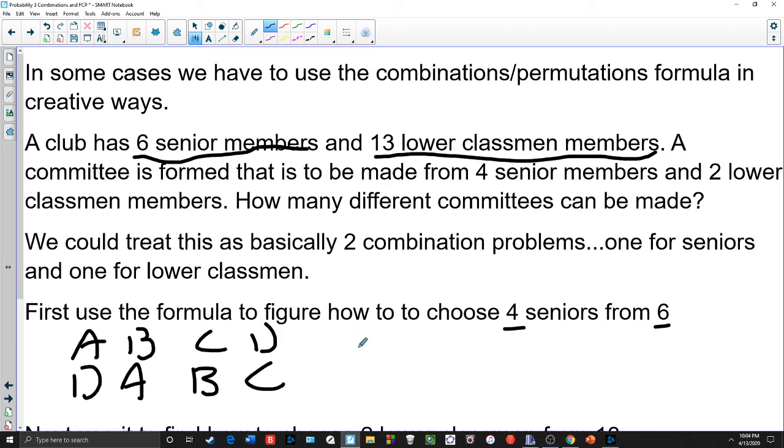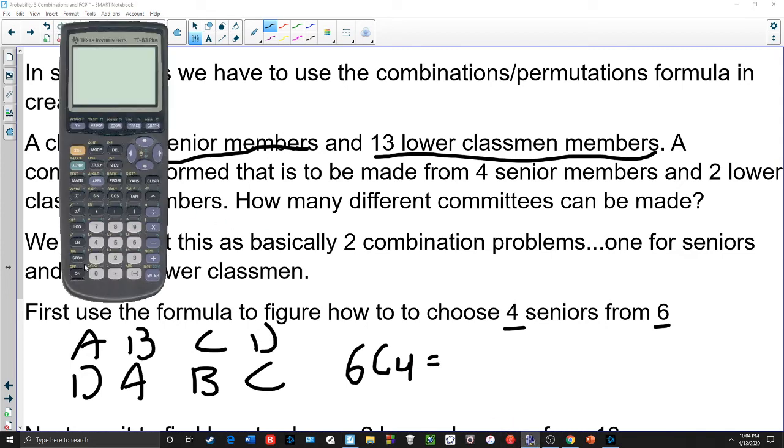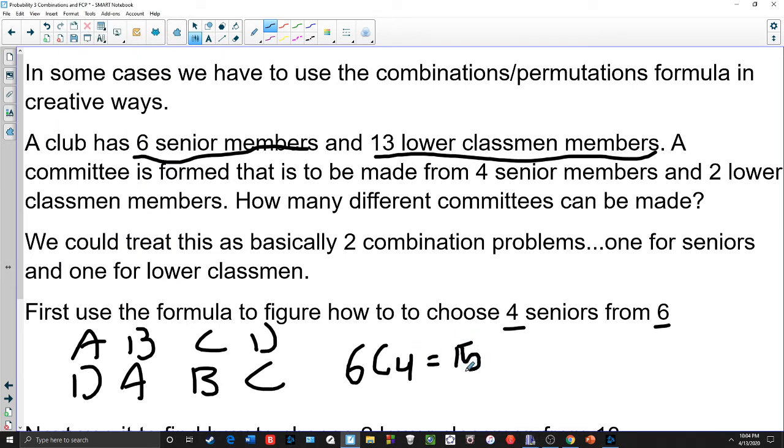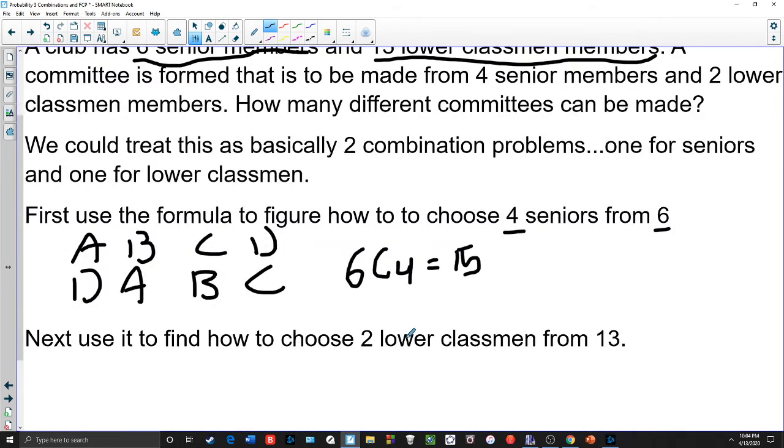So I have 6 seniors, and I want to choose 4 of them. So 6 choose 4. If we do that real quick, 6 choose 4, we get 15. So there's 15 ways I can choose my seniors. Then I figure, okay, how many ways can I choose my lower classmen?